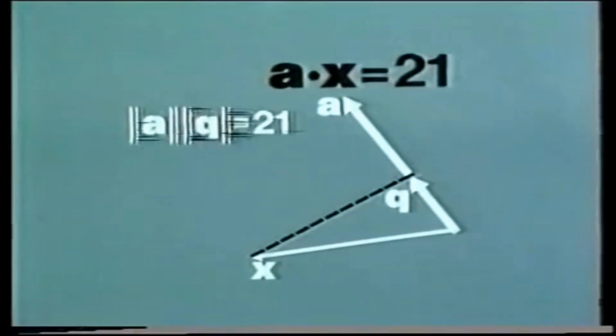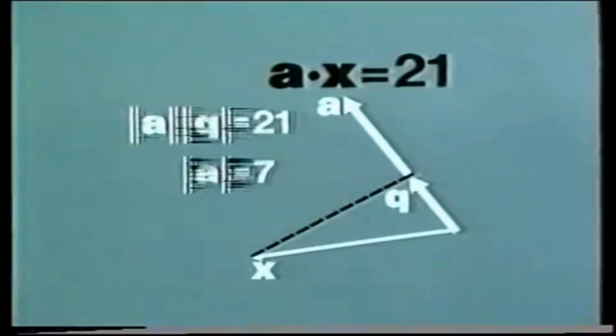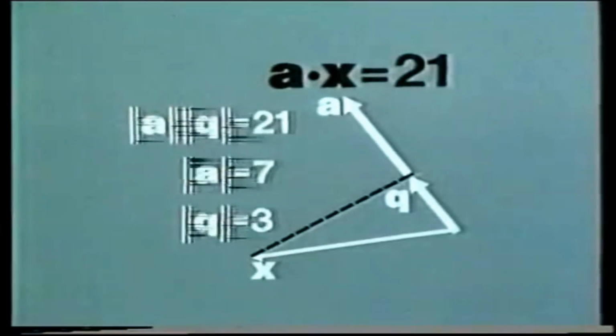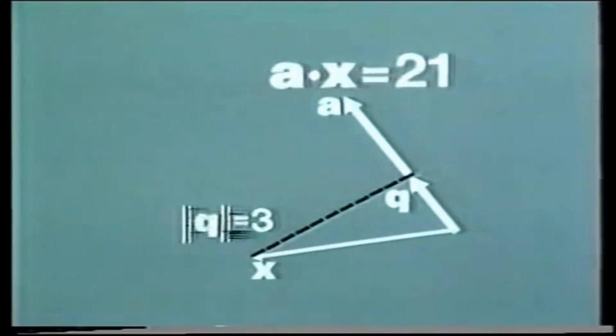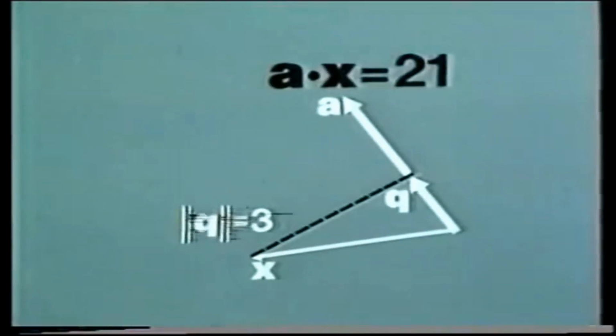And actually, the length of A turns out to be 7. You can check that for yourself. We just know it from its coordinates. And that means that the length of q must be 3. So any vector x which satisfies the equation a dot x equals 21 must have a projection onto A of length 3.